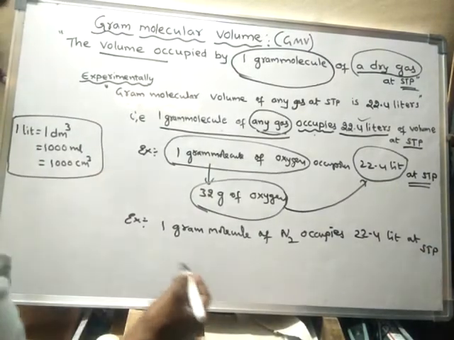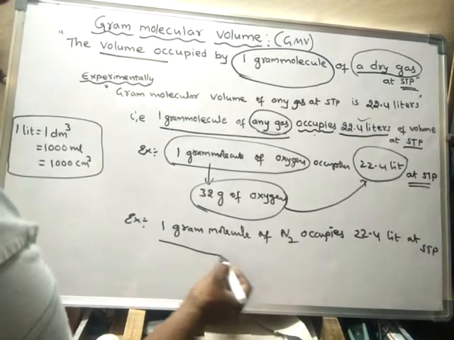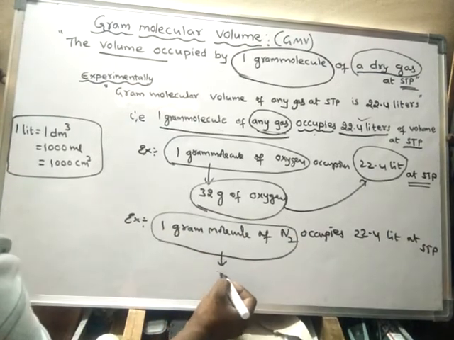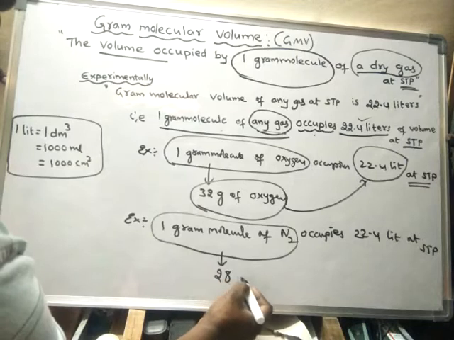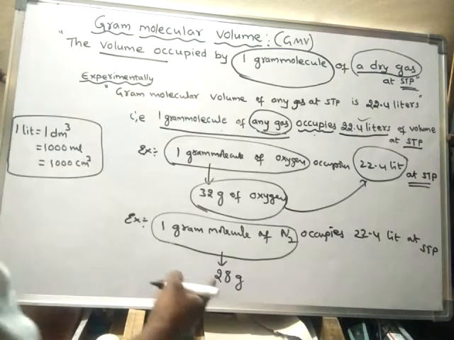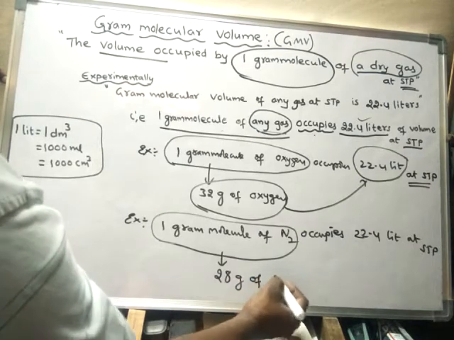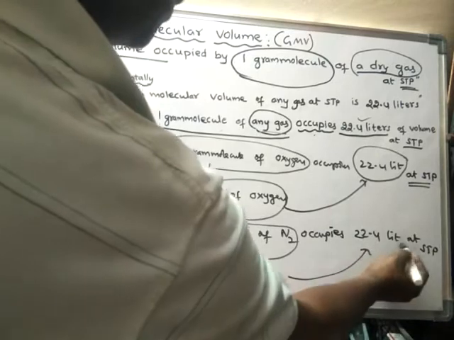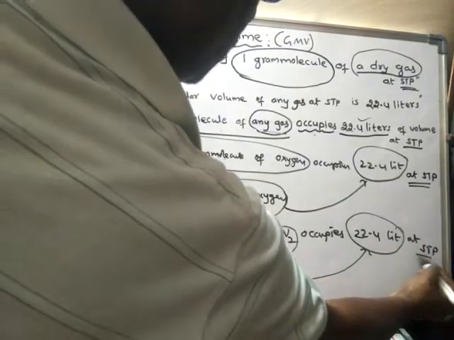Already we know by the table, 1 gram molecule of nitrogen weighs 28 grams. So 28 grams of nitrogen occupies 22.4 liters at STP.